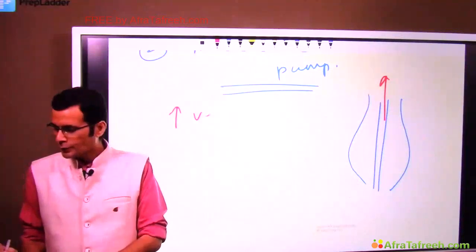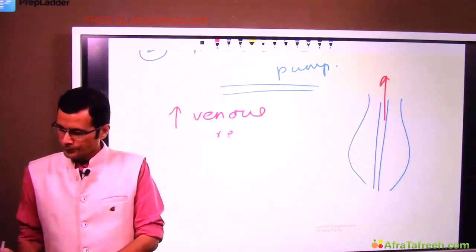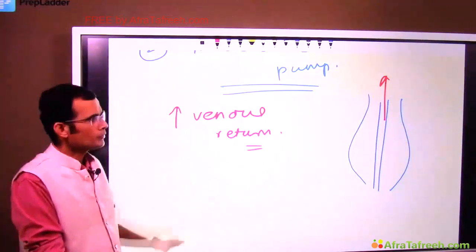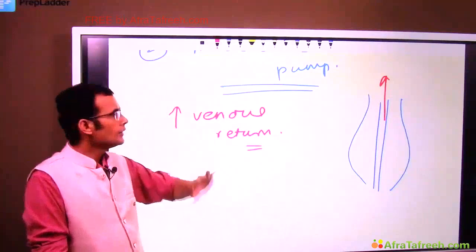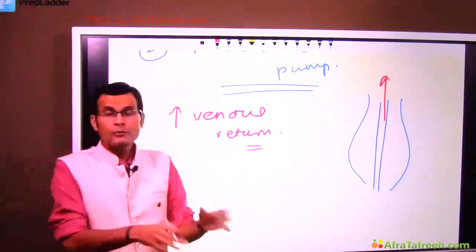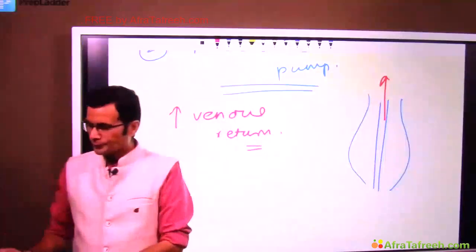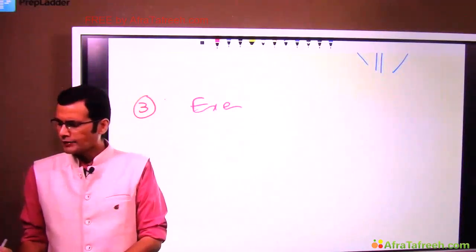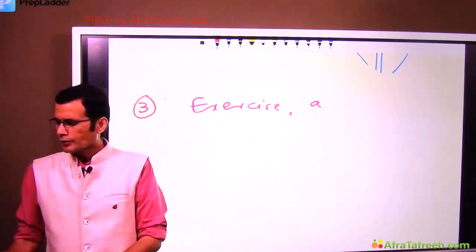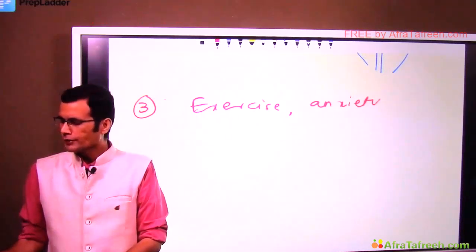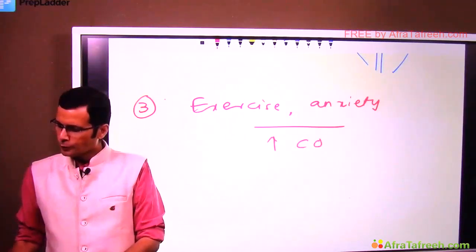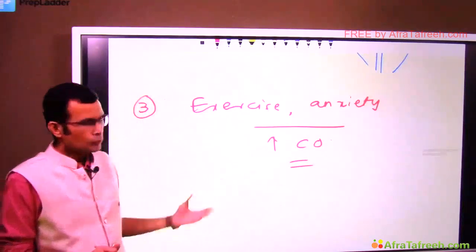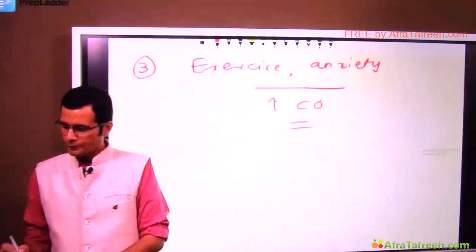So there is increased venous return, and therefore increased end diastolic volume, increased stroke volume. So that's another factor that influences the stroke volume and cardiac output. Apart from this, of course, exercise, anxiety, emotions, all these factors will increase the cardiac output. There is increased sympathetic discharge in these, so stroke volume and heart rate both will increase.